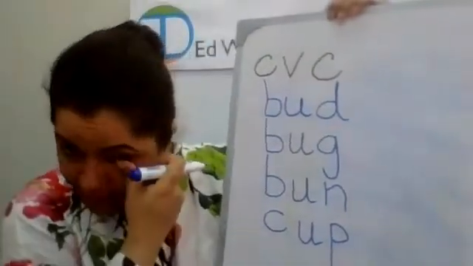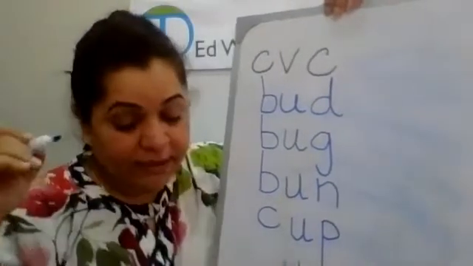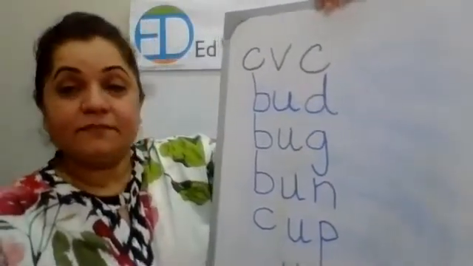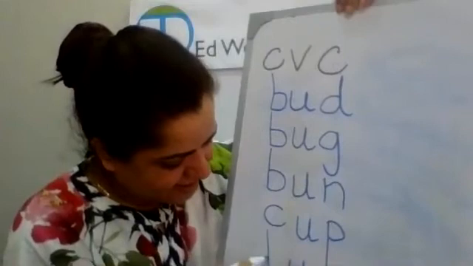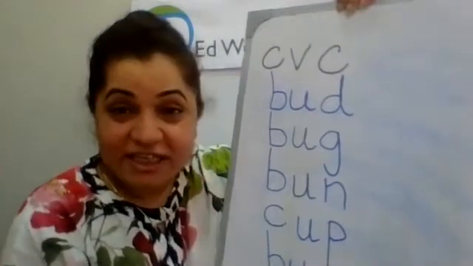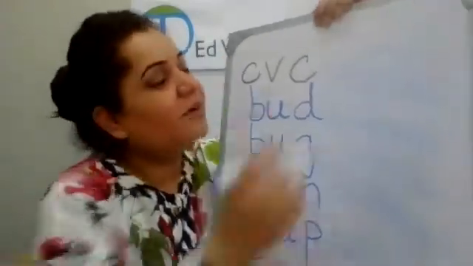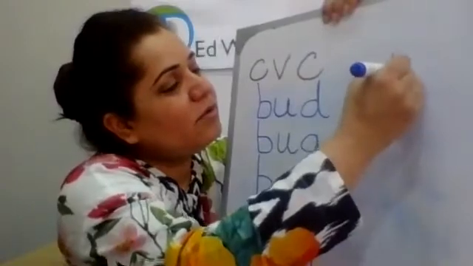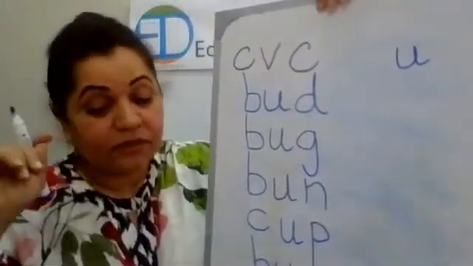Excellent. Okay. Oh, we're going to go for another word. You're going to add U, G, hug. Yay. Okay, now we're going to make one more over here. Hug. Now think something.